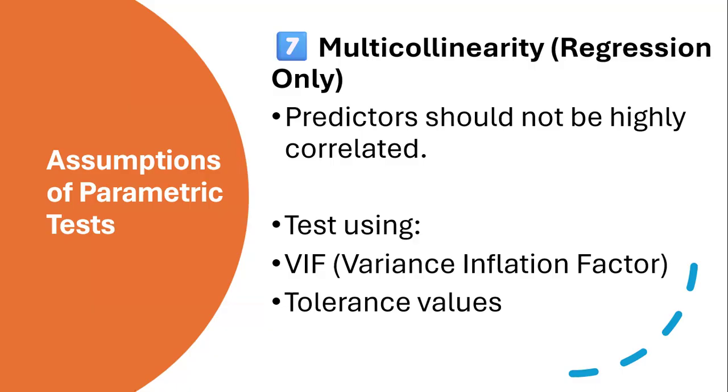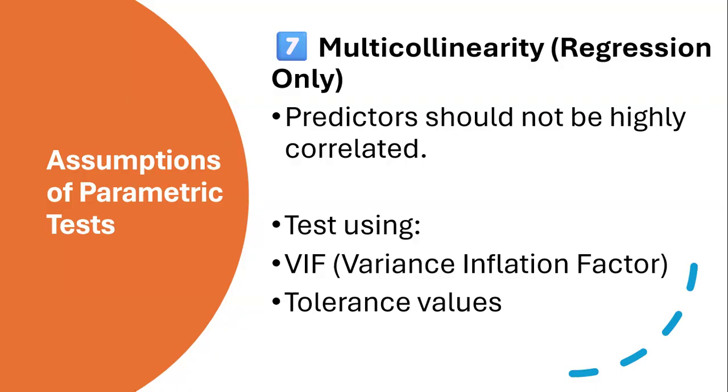So whenever you are doing regression, it is important to check for the presence or absence of multicollinearity. And we can do that using the VIF scores and the tolerance values, all of which come with the output when you run the analysis.